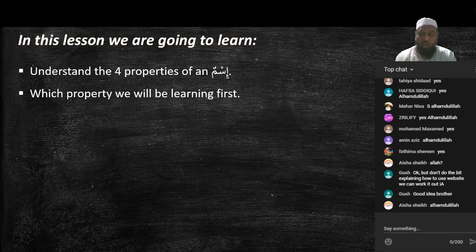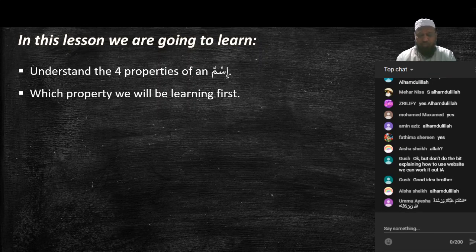Kalimatun, a word, is the plural of kalima, words. When you have an individual word, it is called kalima. And when we have 3 or 4 words in a sentence, those will be kalimat.